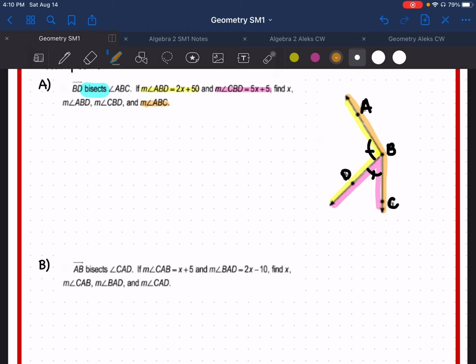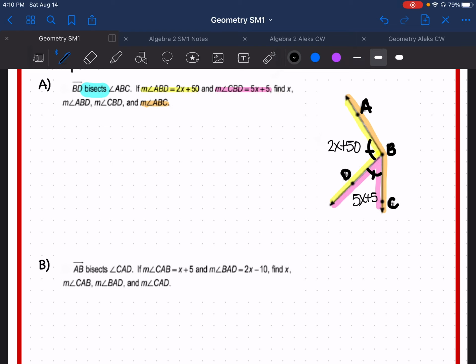But remember, I don't need to give you ABC. This isn't the yellow plus the pink equals the orange, because this piece right here, which is 2x plus 50, is the same as this piece here, which is 5x plus 5. Why? Because it says it bisects. This is kind of like saying you don't have to add the pieces together. Plus, notice I've only given you 2 expressions to use. I have not given you 3.